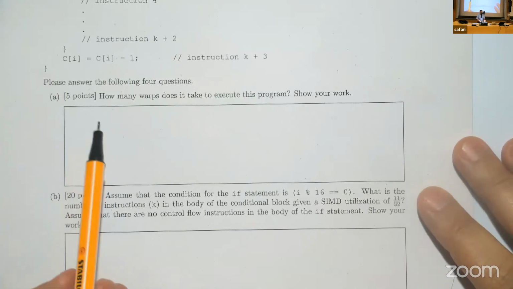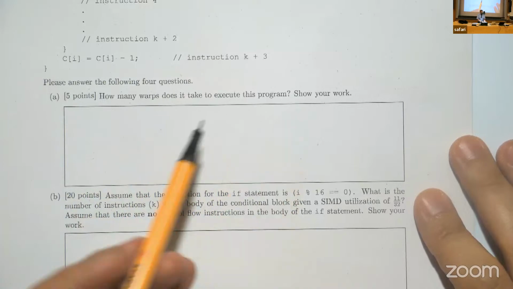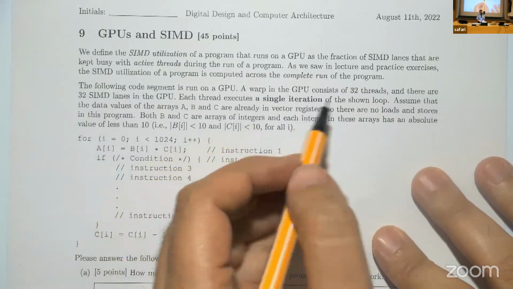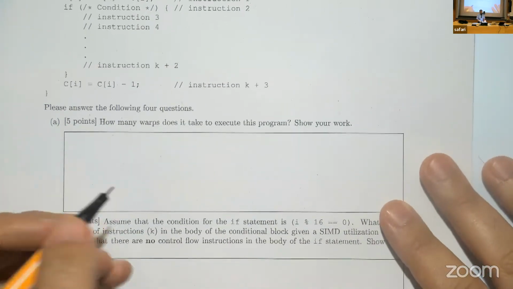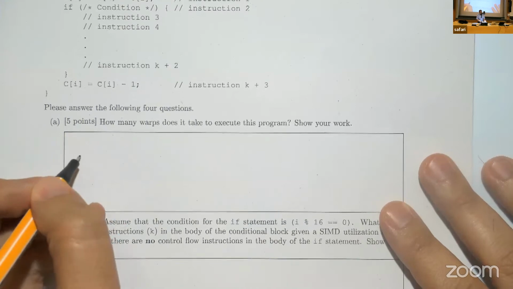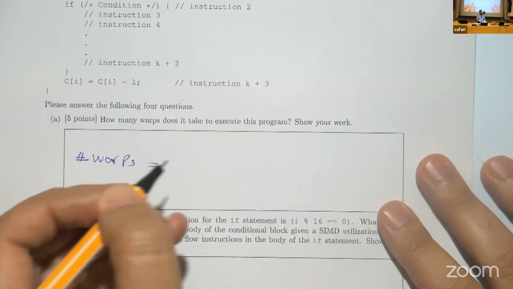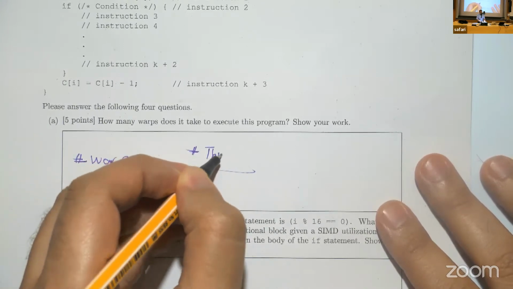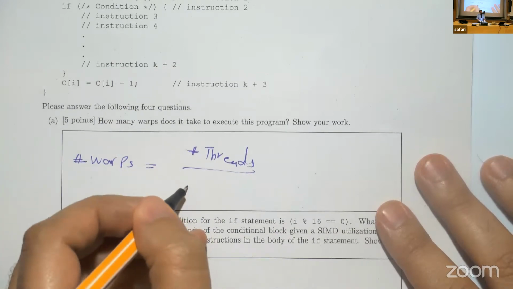The first question is: how many warps does it take to execute this program? We know that the warp size is 32 threads, so the number of warps is the number of threads divided by the warp size.